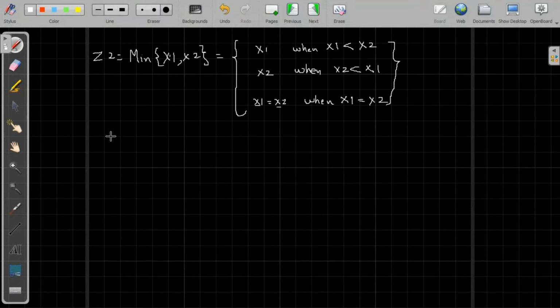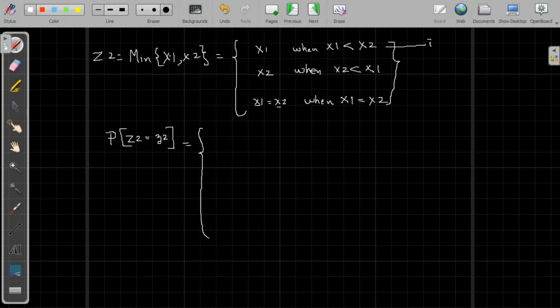Now to calculate the PMF of z2, we simply need to calculate the probability that z2 is equal to some sample value small z2. If we can find this probability for all the sample values, then we can easily find the PMF. From this definition of z2, for the first case, z2 is equal to x1 and x1 is less than x2.